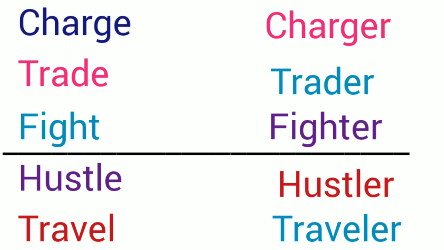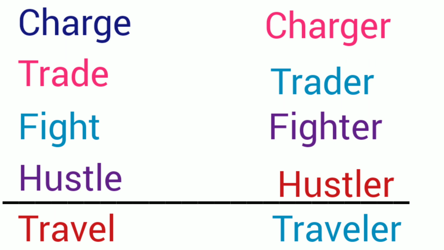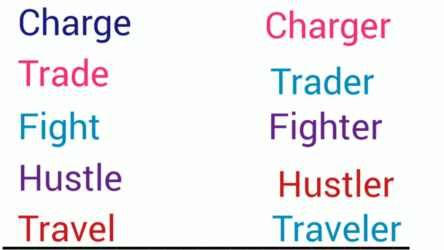A fighter is someone that fights. A hustler is someone that hustles. And we still have a traveler is someone that travels. Okay, so the actions that the charger, the fighter, the trader, the traveler, the hustler performs are the verb part of it. A traveler travels.